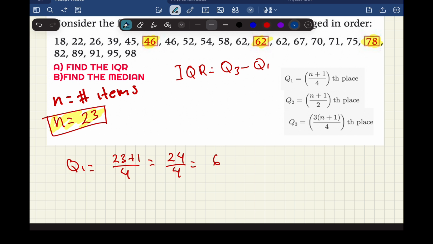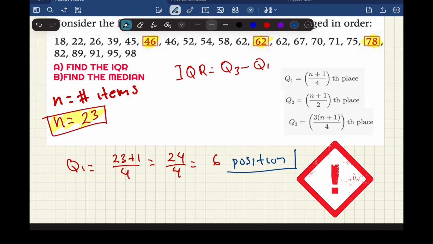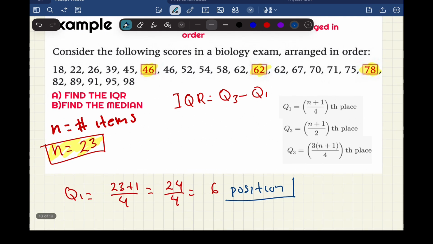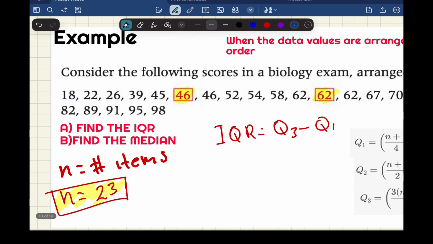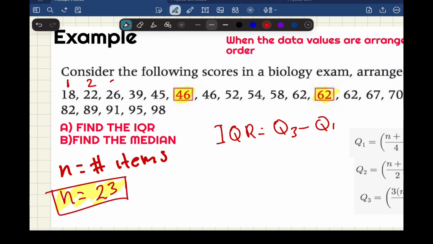Pay attention to this, because this is the position, or the place. What is the meaning of this position? This means that when we have these values arranged in order, we need to count what the number is using the position 6. So we have position 1, position 2, 3, 4, 5, 6.